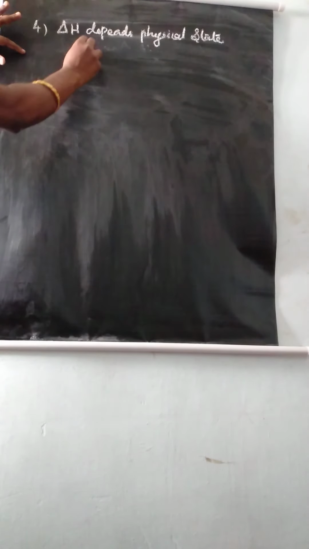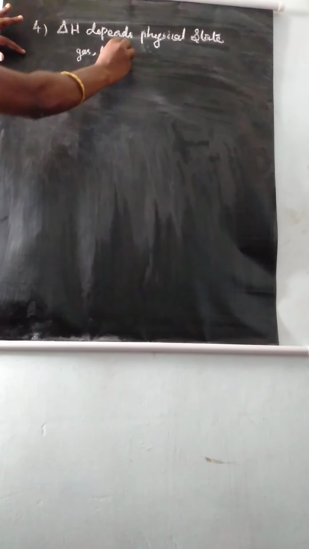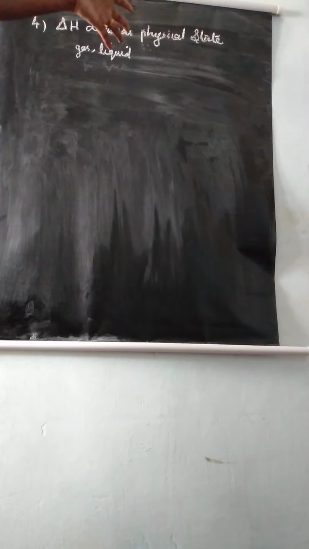Physical state means, you know, the equation is a gaseous equation, that is, reactants and products are gas or liquid or aqueous, those conditions only. So delta H value depends on the physical states of the reactants and products.